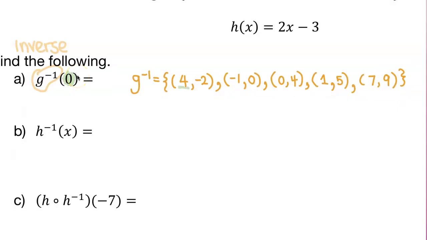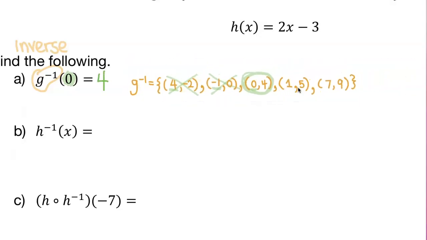Is that 0? Nope. Is that 0? Nope. Is that 0? Oh yes, we found it. So when the input is 0, the output from this inverse function is 4. That's it. That's all you do really.